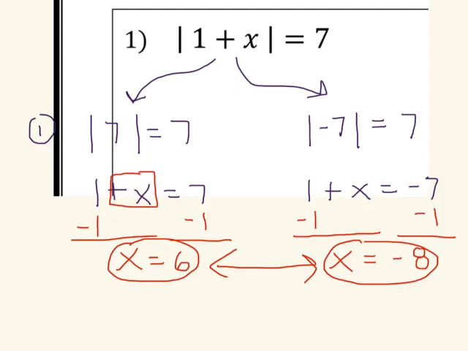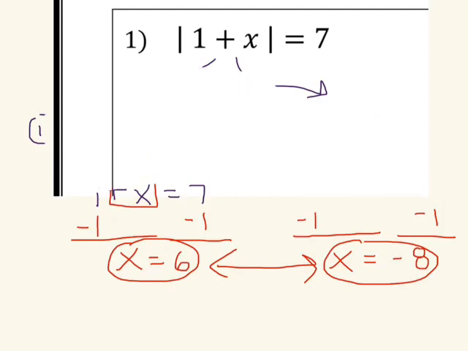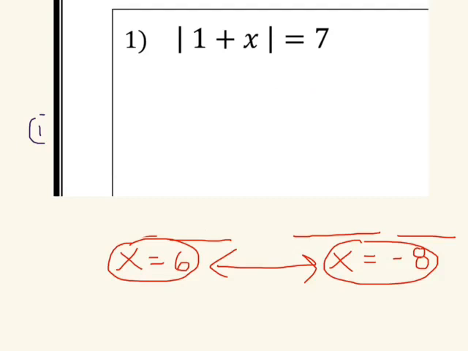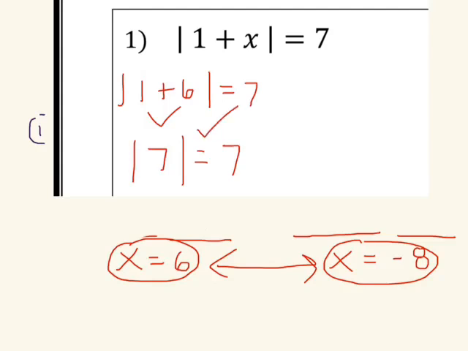So I'm going to erase this stuff, and I'll leave the answers down low. All right. 1 plus 6, the absolute value of that is equal to 7. And sure it is. This says the absolute value of 7 is equal to 7, and it totally checks out.